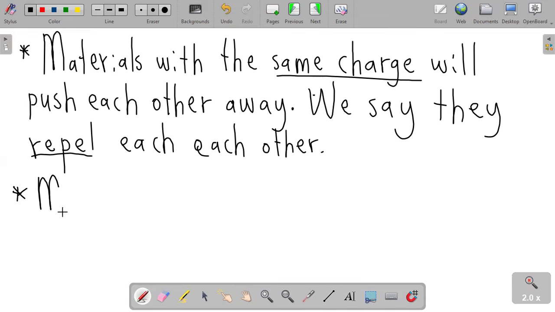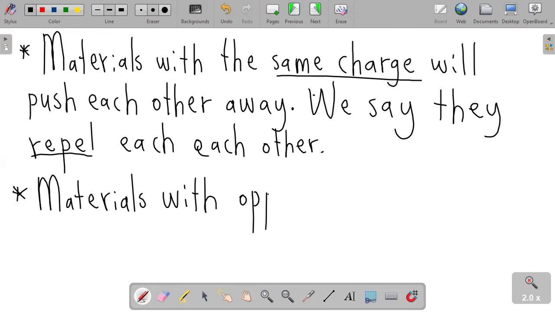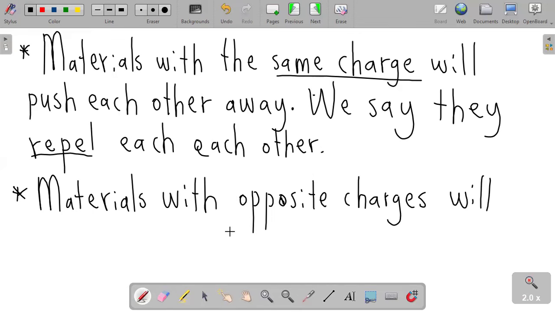And then materials with opposite charges will pull. So it's not push, it's pull.